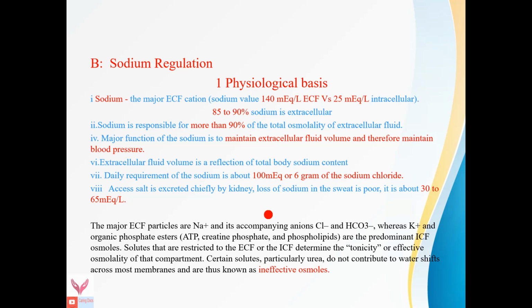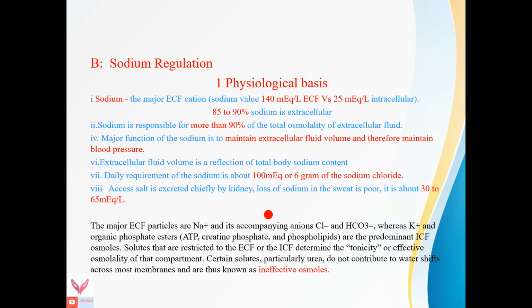The major extracellular fluid cations are sodium, chloride and bicarbonate, but potassium, organic phosphate esters like ATP, creatine phosphate, and phospholipids are predominantly found in intracellular fluid.